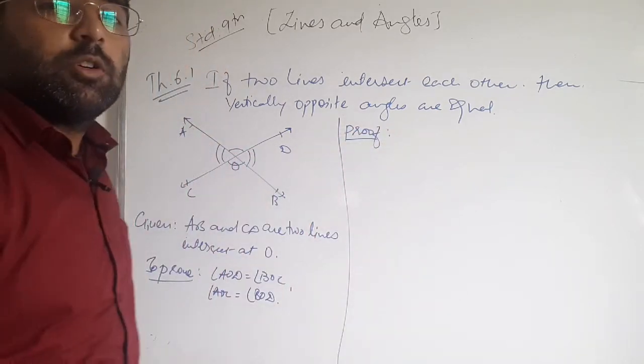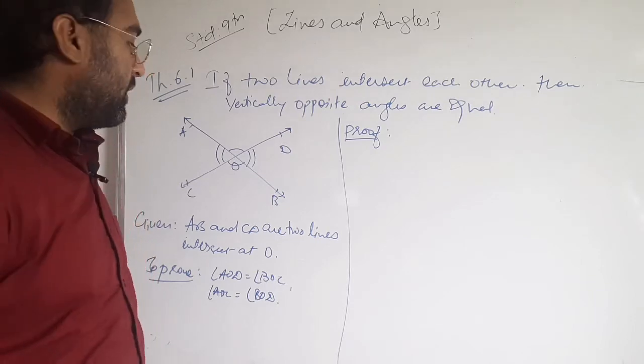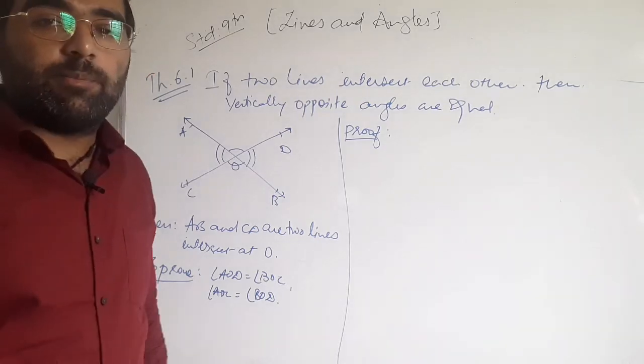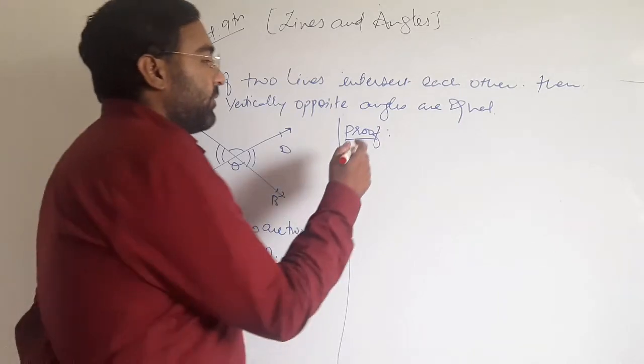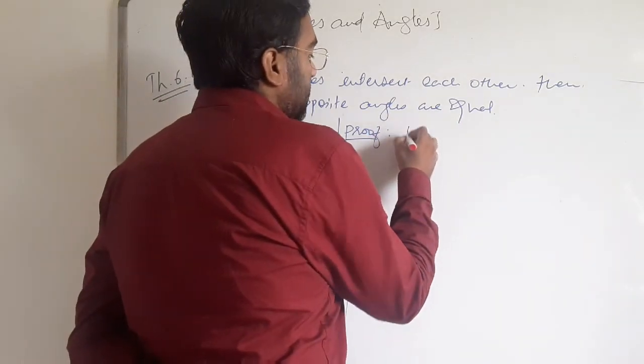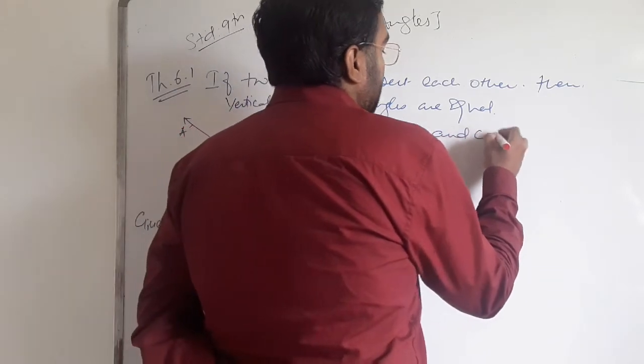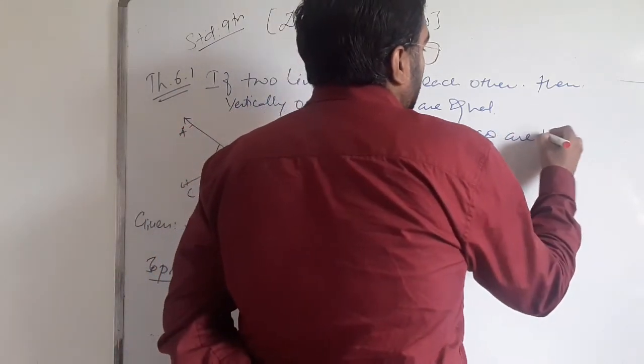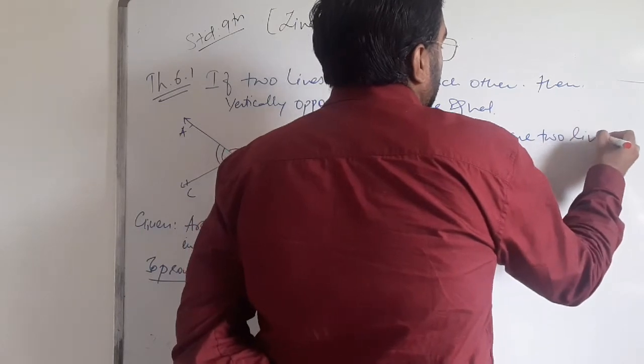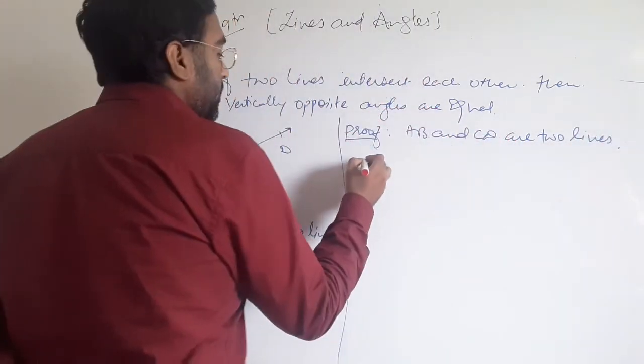In the proof, AB and CD are the two given lines.